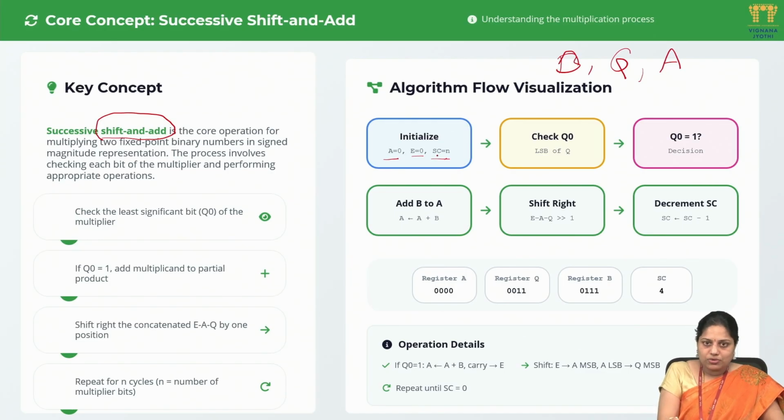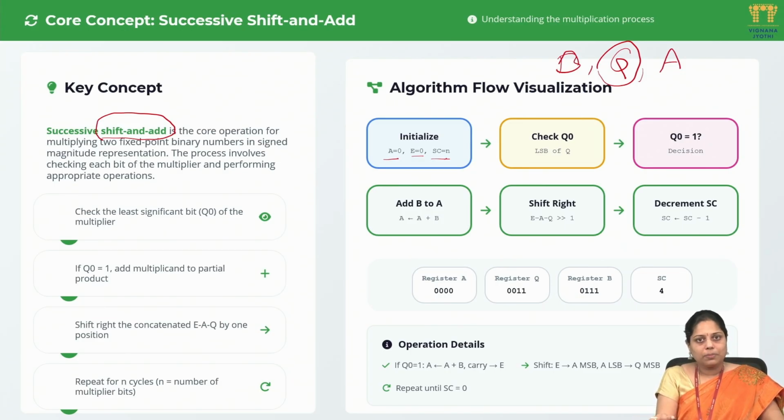This sequence counter is used to store the number of bits of the multiplier which is stored in register Q, because we are going to repeat the process of multiplication based on the number of bits of the multiplier. Based on the bit of the multiplier, if it is 1, we follow one series of steps, and if it is 0, we follow another series of steps.